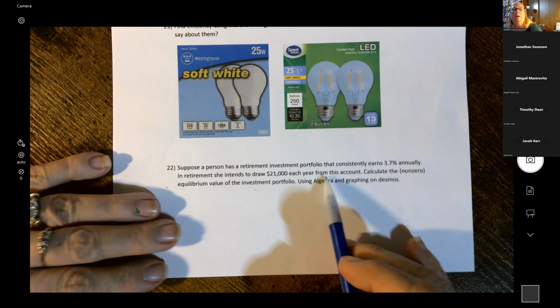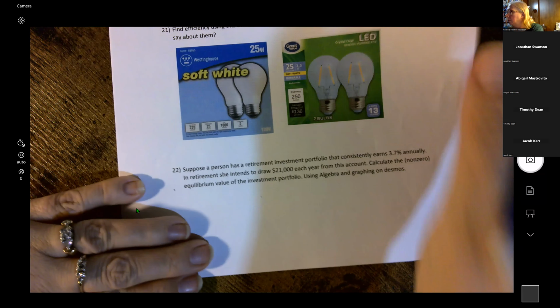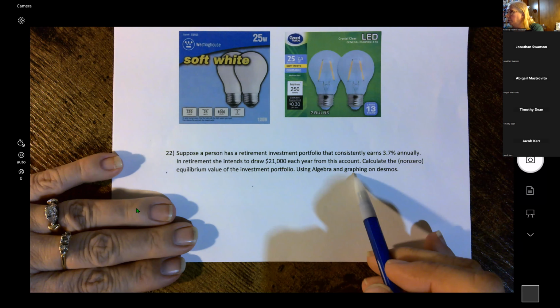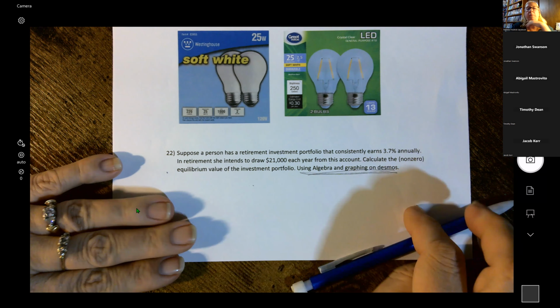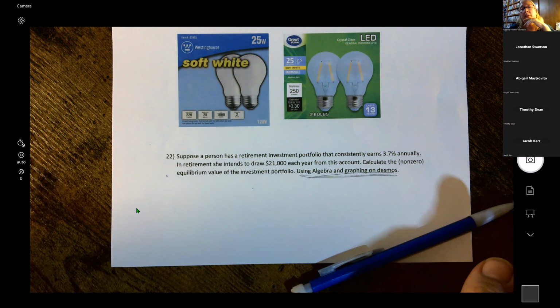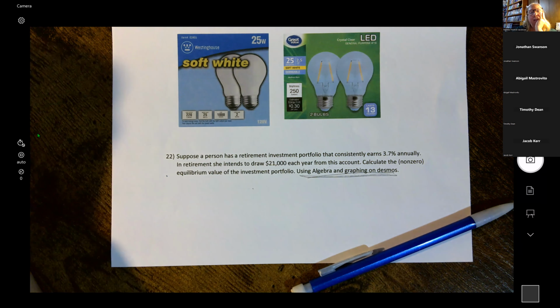This one, where you'll have to graph on Desmos. So you'll do it algebraically and graphing. But yes, you can use Desmos for any, if you want to use it as your calculator. Oh, okay. That sounds good. Okay. Any other questions?